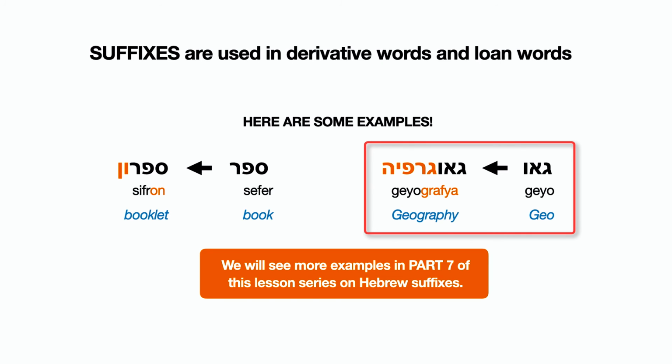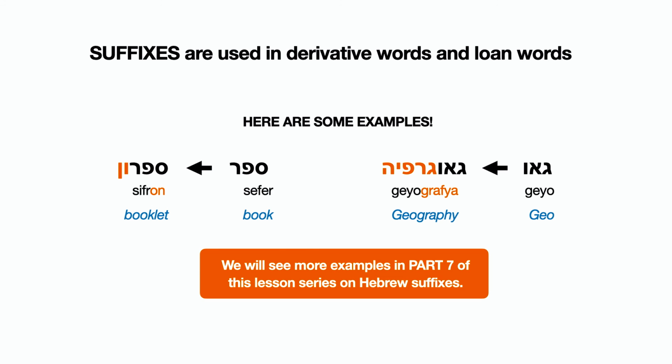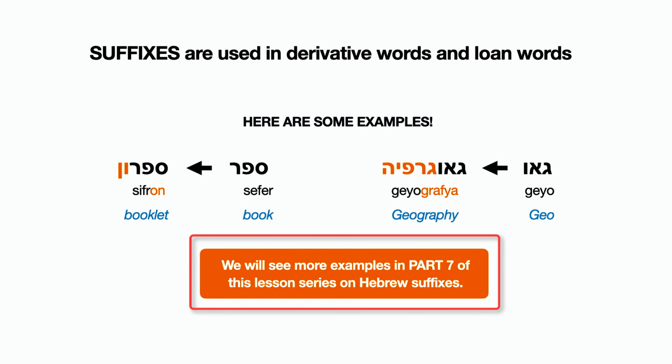So here, geo means geo, and to say geography, we add grafia. Geografia means geography. That's how we say that in Hebrew. And we're going to see more examples in the final lesson in this series, part 7, of this lesson series on Hebrew suffixes.